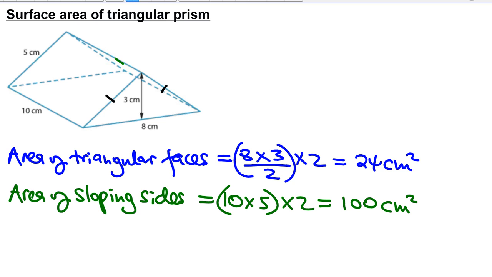And then we have the bottom side. Now the bottom side is just 10 by 8.